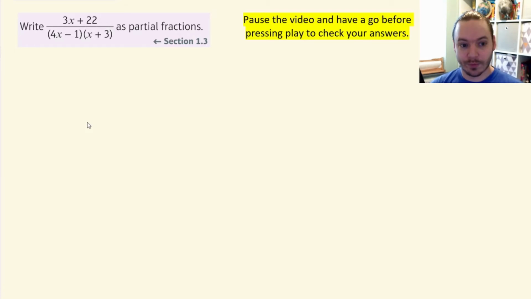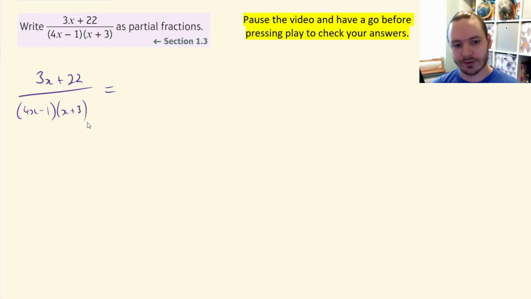So, what we need to remember is 3x plus 22 over 4x minus 1 and x plus 3 can be rewritten as A over 4x minus 1 plus B over x plus 3.